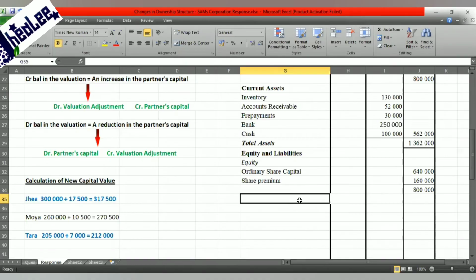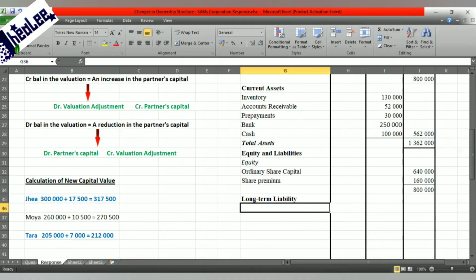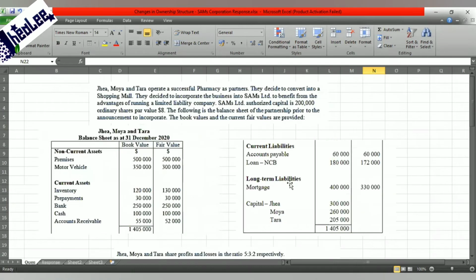So we're going to put in our liabilities now that we have entered our equity. And I'm going to start with long-term liability. And from the question, remember, there was only one long-term liability, which is mortgage, and that is 330,000. Remember, we are working with the fair values.